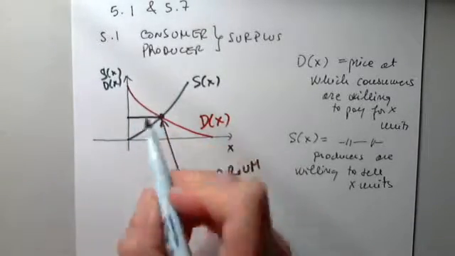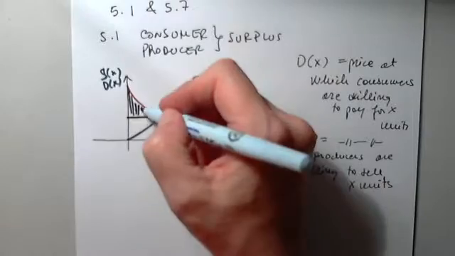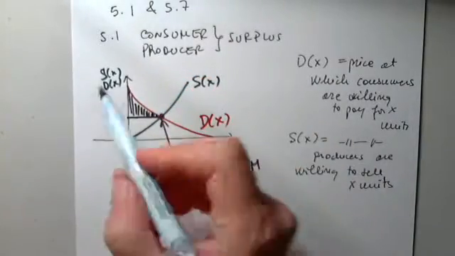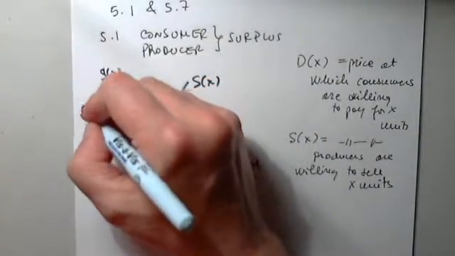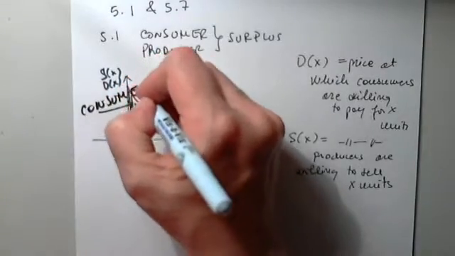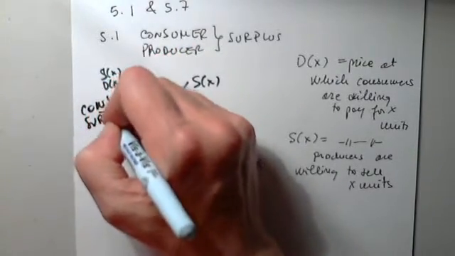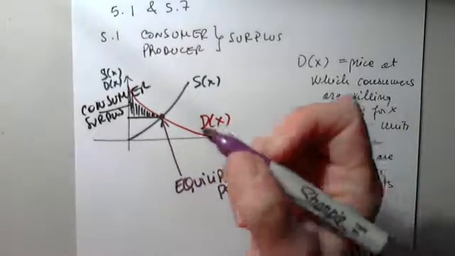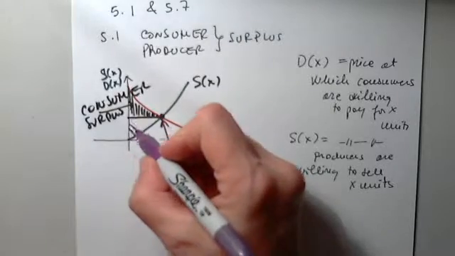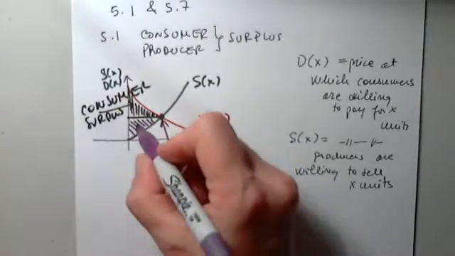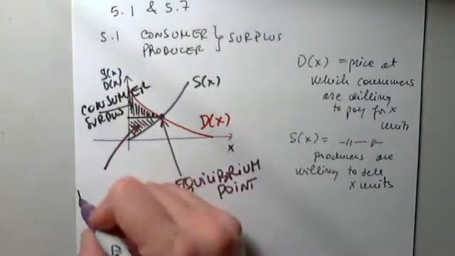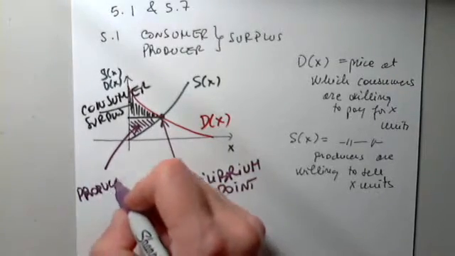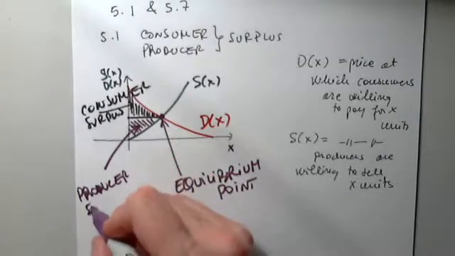Now, there are two areas that we are interested in. We're interested in determining this area, which is consumer surplus. And we are interested in determining this area, which represents producer surplus.